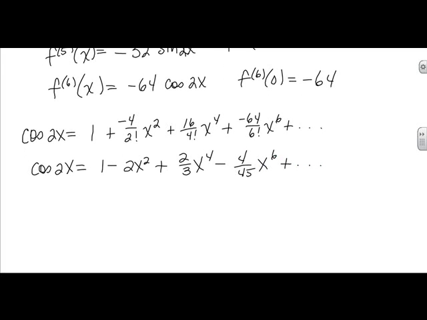Then if we needed to write that using the summation notation, that sum, if we started at 0 and go to infinity, since we've got alternating signs, we'll have a negative 1 to the k power, and then that's going to get multiplied by 2x to the 2k power divided by 2k factorial.